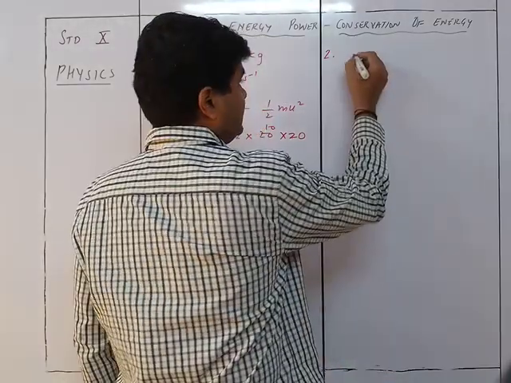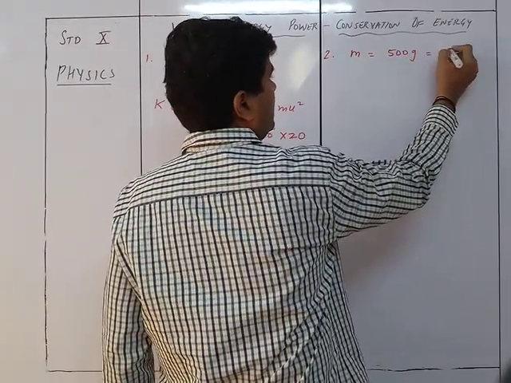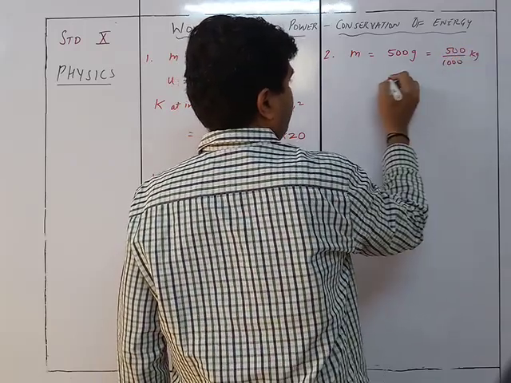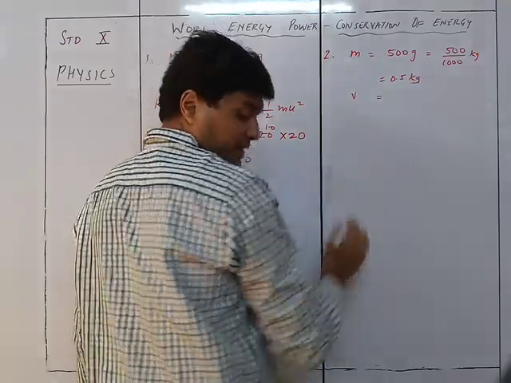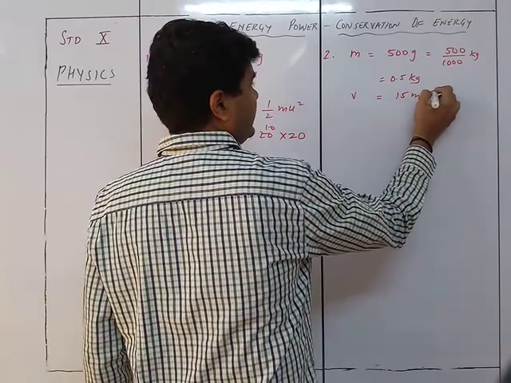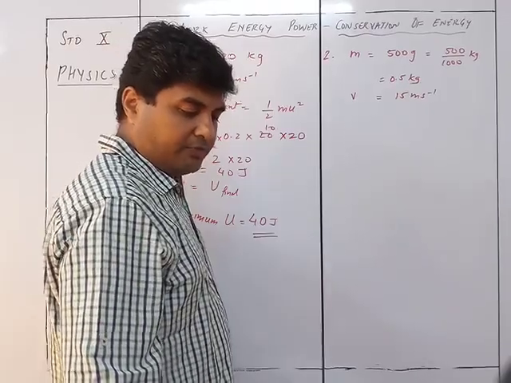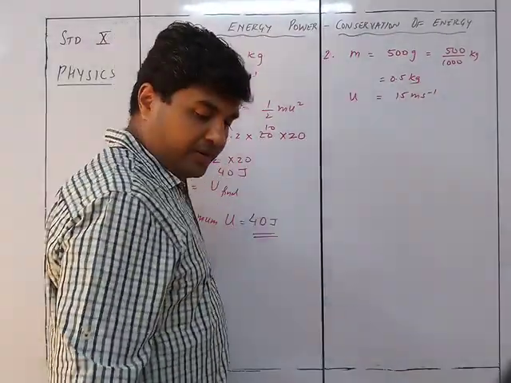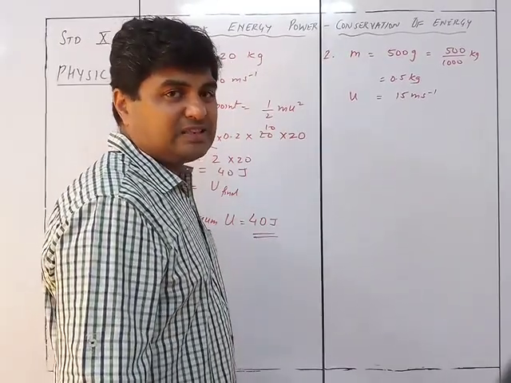So mass is given as 500 grams, equal to 500 upon 1000 kg, equal to 0.5 kg. Velocity is given as 15 meter per second. It is thrown vertically upwards, so initial velocity u is equal to 15 meter per second. Calculate the potential energy at the greatest height.